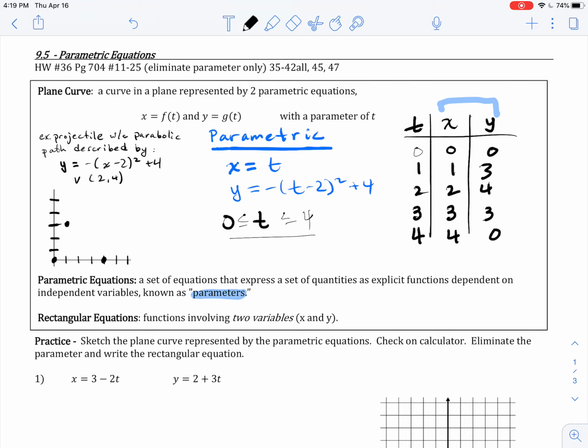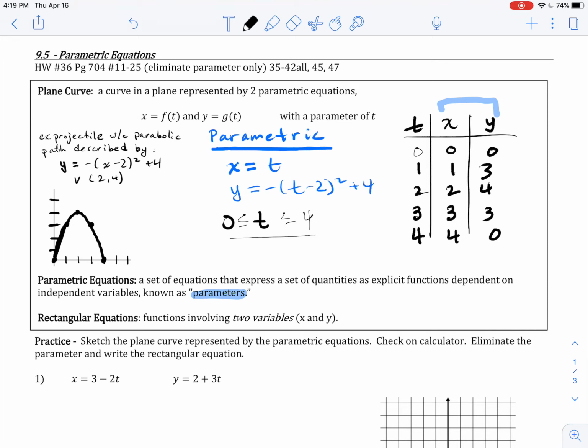When x is equal to 2, y is equal to 4. When x is equal to 3, y is equal to 3. And when x is equal to 4, y is equal to 0. And if you go ahead and connect those dots, you see that we get the same exact curve that we did initially. Okay, we get the same parabolic shape that we had before.